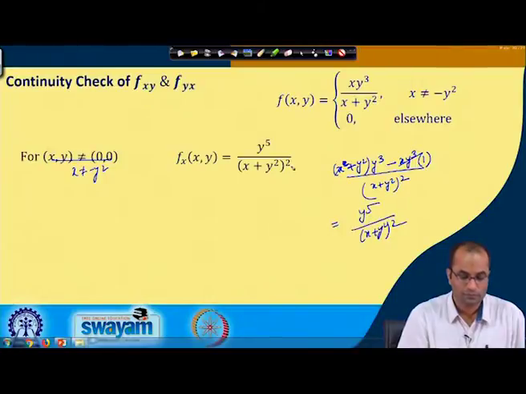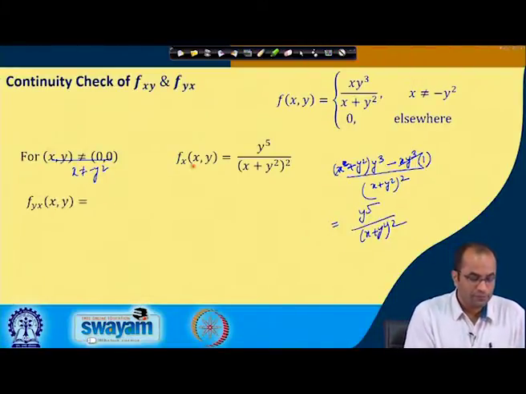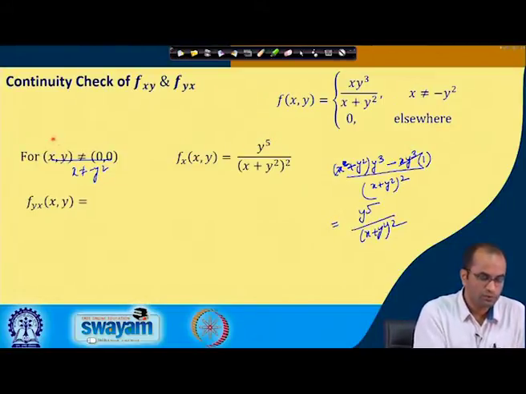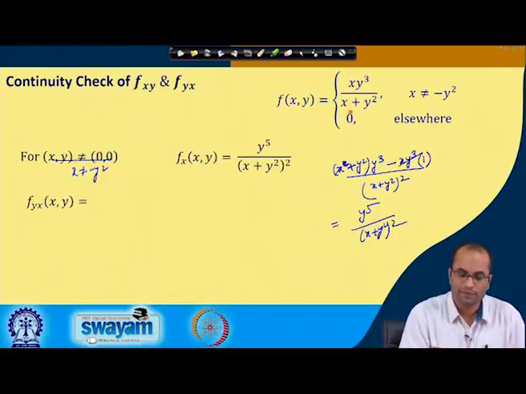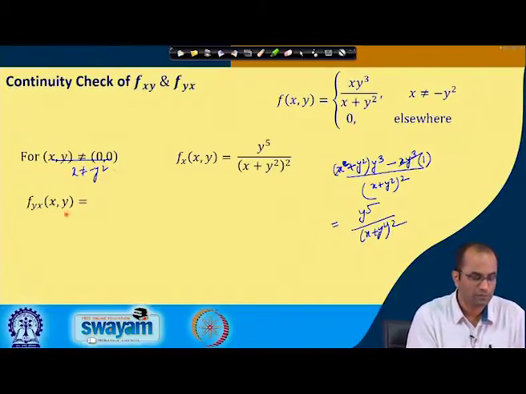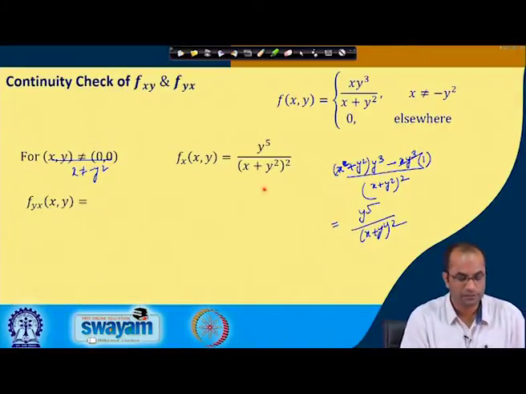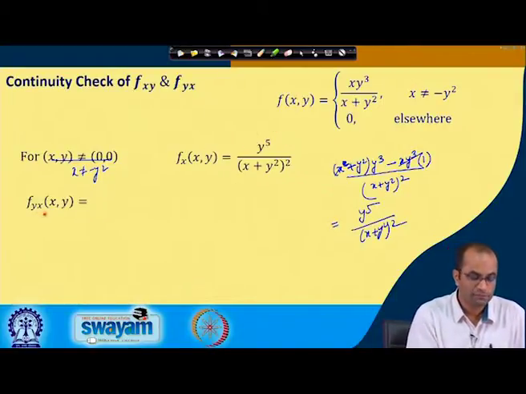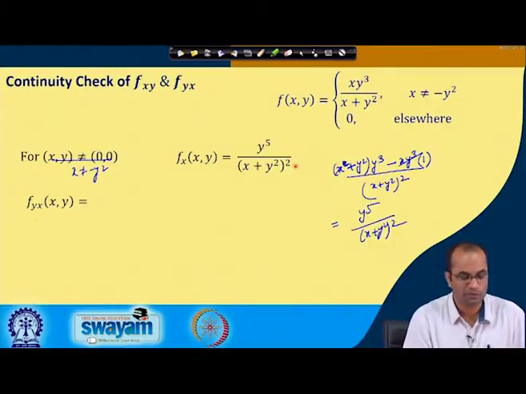And now, if we compute again the partial derivative of this with respect to y for those points where we do not have any problem, when x is not equal to minus y square. So, now we will again differentiate this function with respect to y, keeping x constant, doing exactly what we have done there.